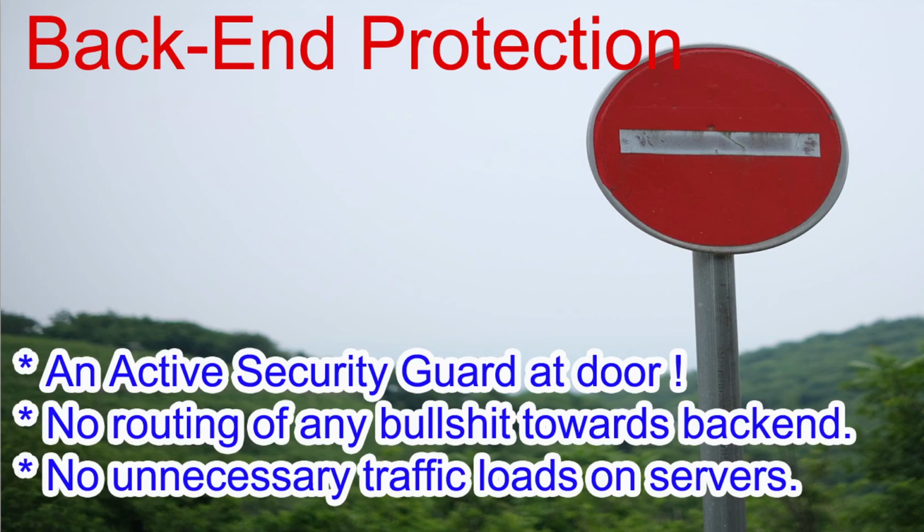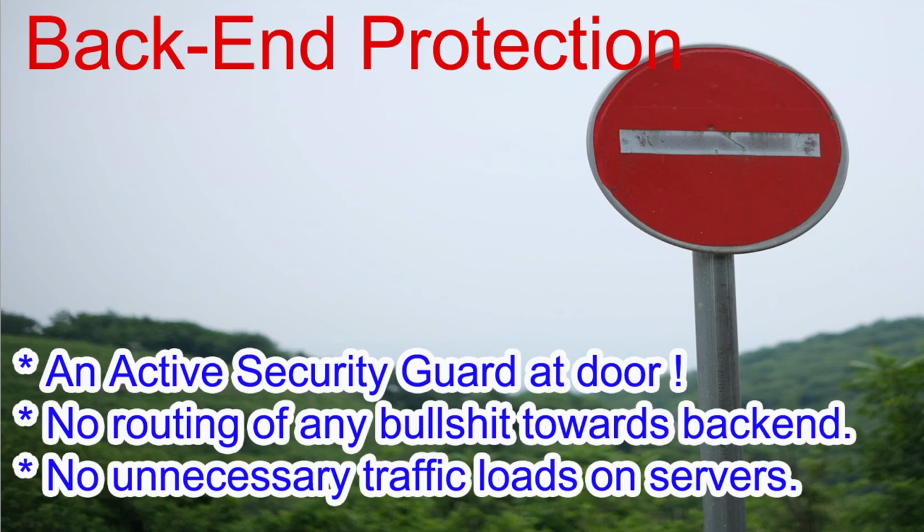So you are not only securing and safeguarding the data from the backend, but also ensuring that the backend servers are not overloaded, because only legitimate traffic is going to be sent to the backend servers, and any irrelevant, unnecessary, or stupid type of traffic is going to be simply discarded and thrown away at your API gateway level. So in this way, you ensure that the backend servers are protected.